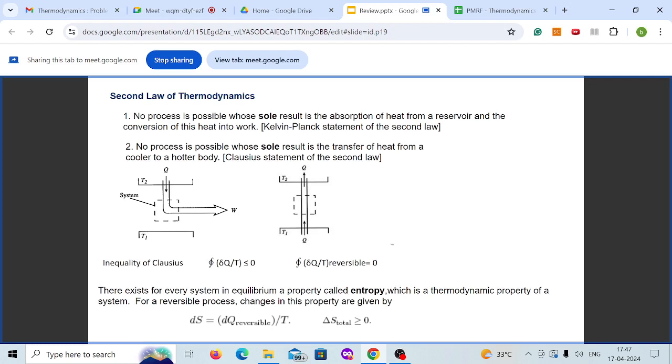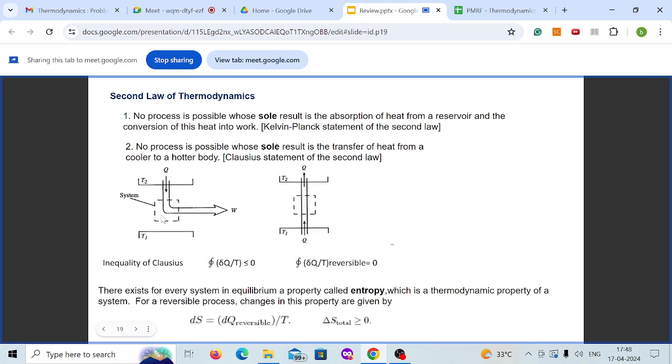thermodynamics was derived because we needed to generate work from heat. Any amount of heat we supplied, we were not able to convert all of it into work. So there was some limiting case, and also the first law couldn't explain whether a process was possible or not.